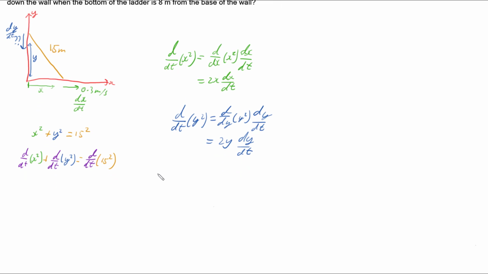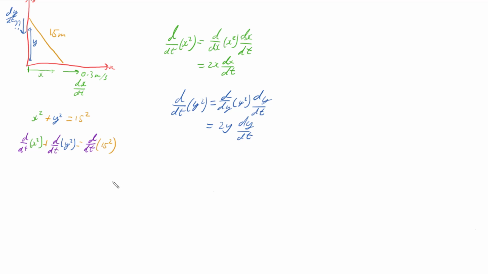And so now, if I substitute into my differential here, d/dt of x squared we have worked out as 2x dx/dt, plus d/dt of y squared we have worked out to be 2y dy/dt, and d/dt of 15 squared, a constant, derives down to 0.